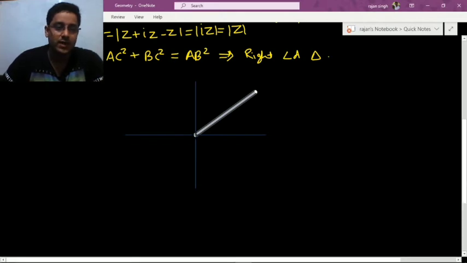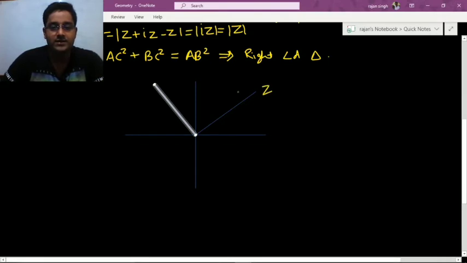Now iz: what will happen when you multiply i with z? It will move by 90 degrees. The complex number is rotated by 90 degrees. This is z, this is iz. So where will z plus iz be?